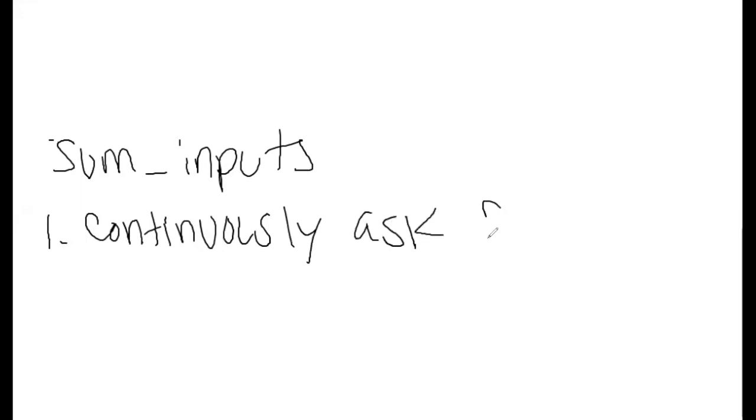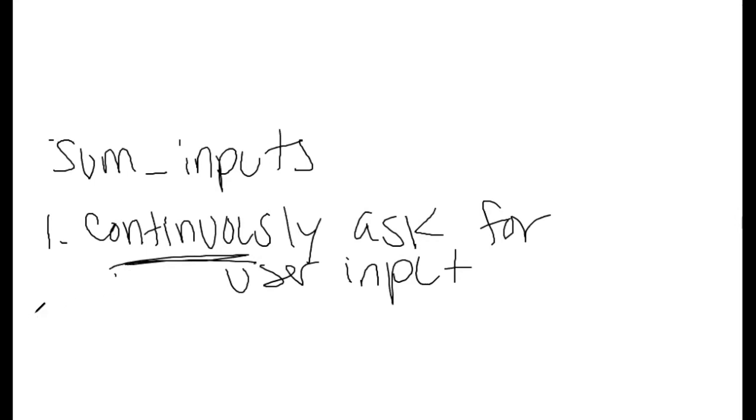All right, the next function is sum inputs. Okay, so this one's a little different because we do not have any parameters. But what we want to do is continuously ask for user input. So this word continuously should make you think we're probably going to be looping.